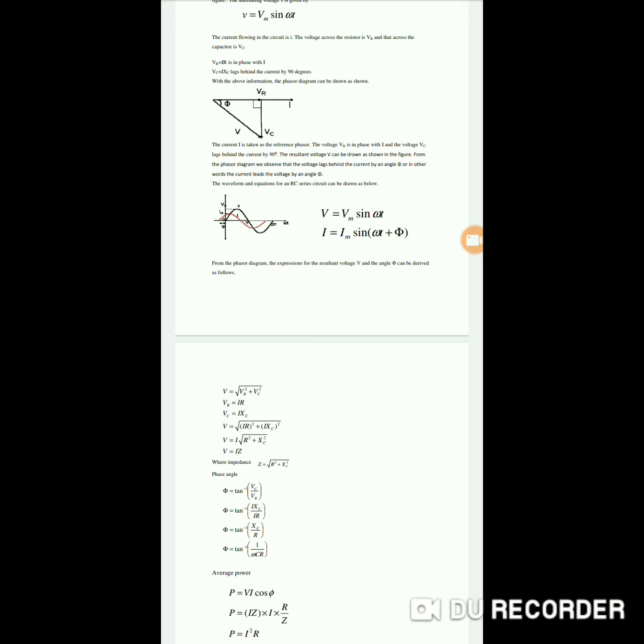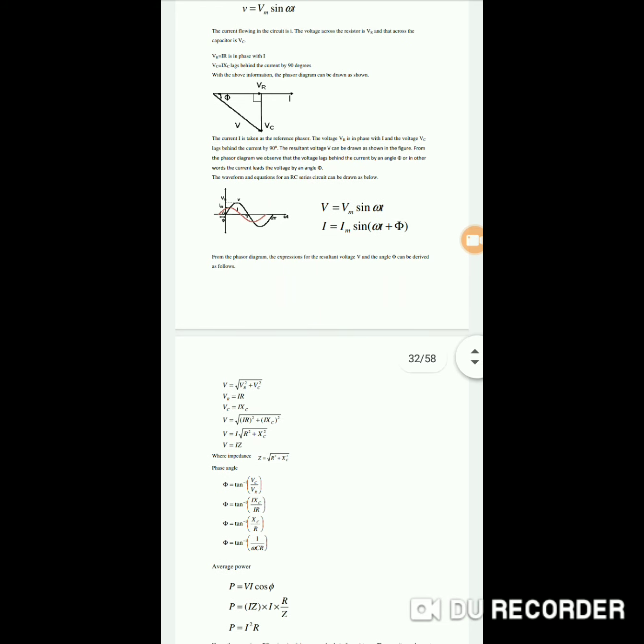Taking the current I out as a common factor, V is equal to I into the square root of R square plus XC square. These two, resistance and capacitive reactance, can be written as impedance. So V is equal to I into Z, where Z is equal to the square root of R square plus XC square.